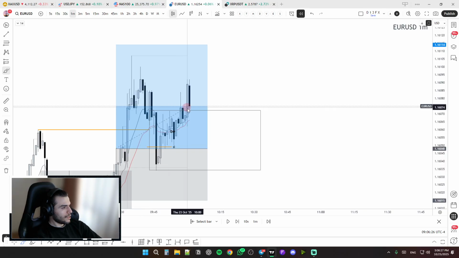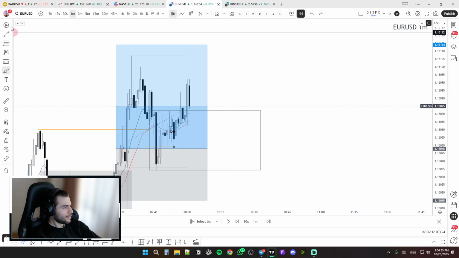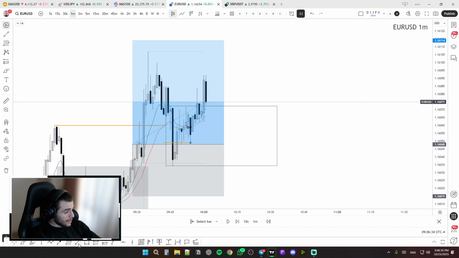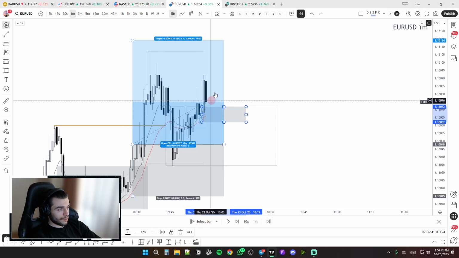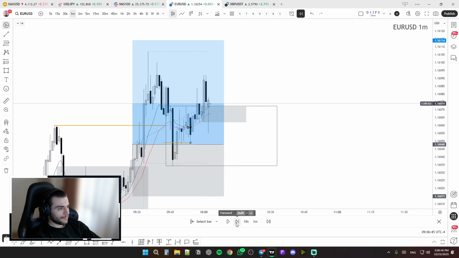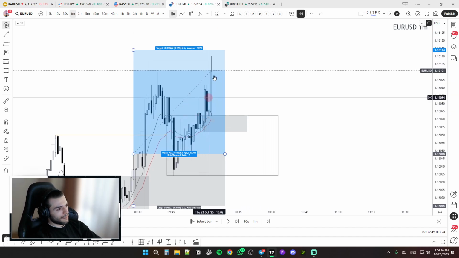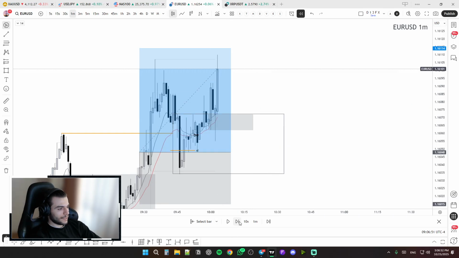I want to have such a small squeeze to enter a buy stop here. We don't have it. But still, I like how the market is moving, order flow wise. It's creating continuous demand zones and respecting them. So it's probably going to go higher. See, demand is getting respected, moving higher. But it's too impulsive for me to enter, right?